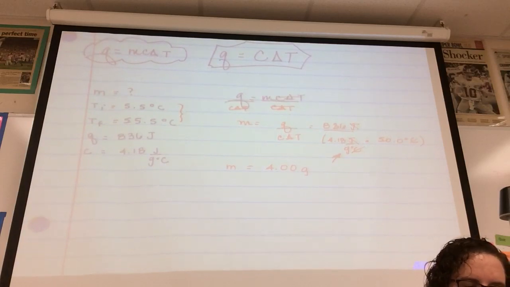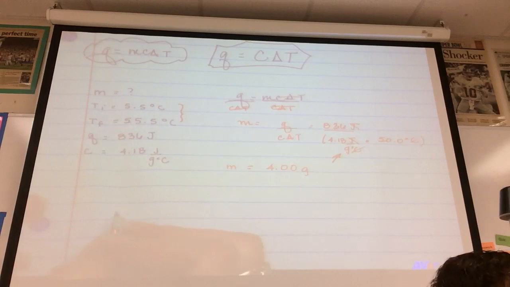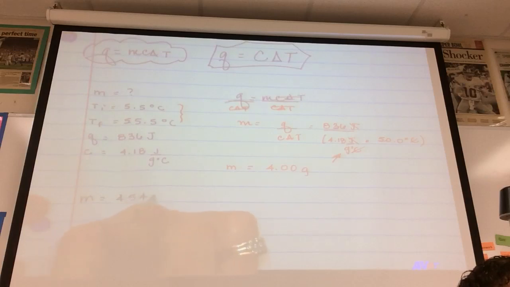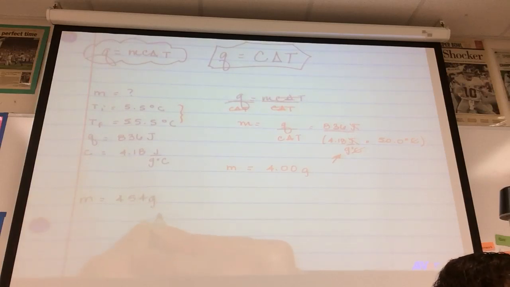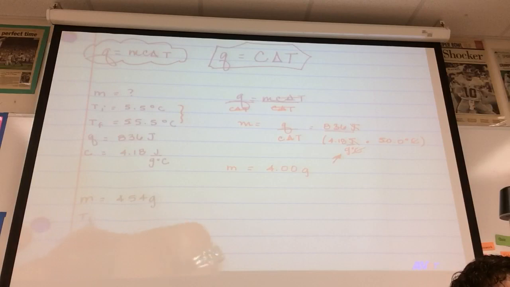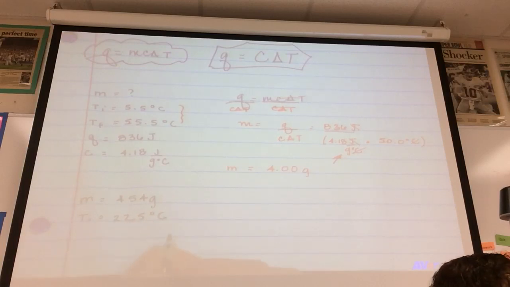I'm going to go back through because there's a few things I want to point out. In the second example, it says that you have a 454 gram block of lead. The initial temperature, Ti, is 22.5 degrees Celsius.